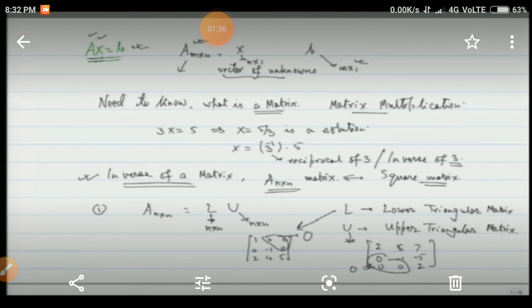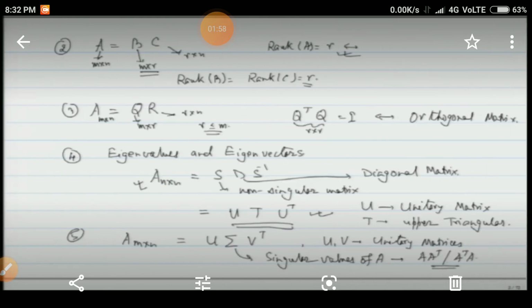L is known as the lower triangular matrix, in which all the elements above the diagonal are zeros, and U becomes an upper triangular matrix in which all the elements below the diagonal are zeros. This is the first way of representing an n by n square matrix as the product LU.